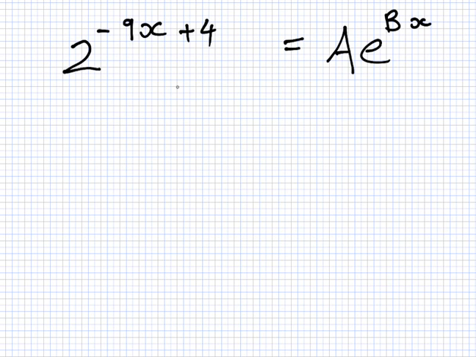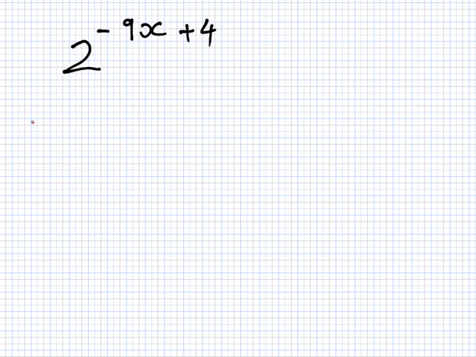In other words, I can always rewrite something that has an x in the power in this form. And this is good because this form is often much more useful to you than this form. So we don't like this form, but we like this form. So the question now is, how can I find the a and the b to rewrite it? Let's have a look at that.